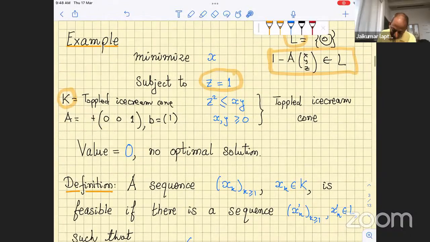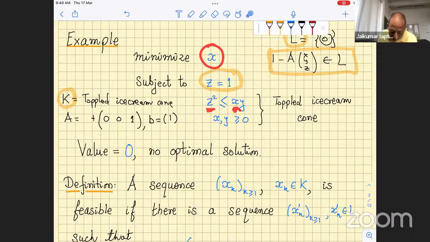Now, you see, subject to Z equals 1, X times Y has to be at least Z square. So the left hand side here is 1. We are minimizing. How small can we make X?